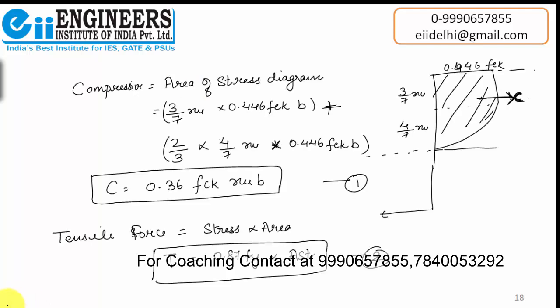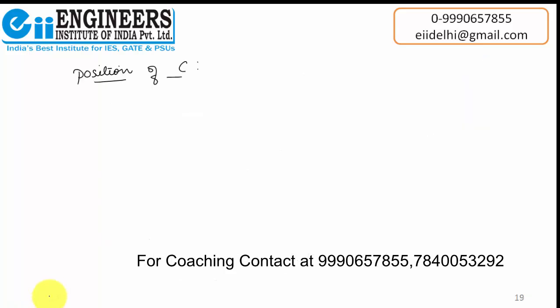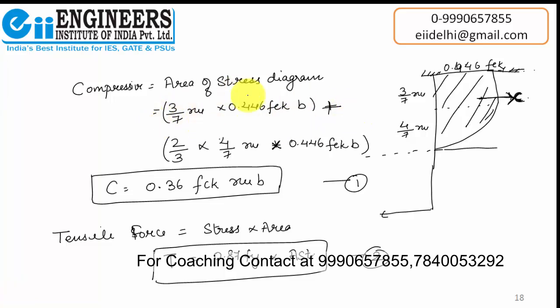So, how to find the CG? Let me take this as a datum. So, I will take the area of this rectangle and find the CG from this particular datum. So, what was the area? Area is this value.